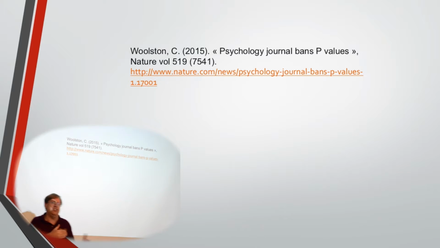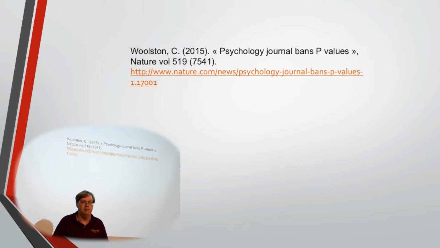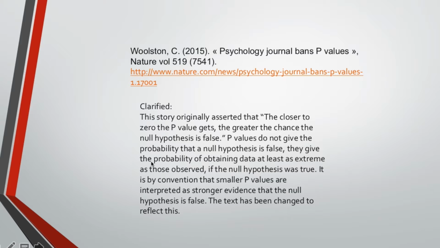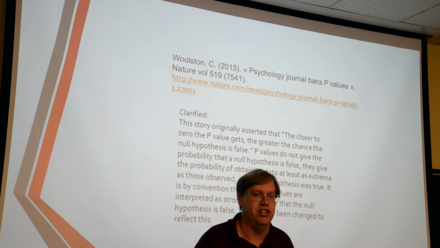And when I got to it, earlier last year, there was a correction on the bottom. And it said, clarified. This story originally asserted that the closer to zero the p-value gets, the greater the chance the null hypothesis is false. Okay? Which is exactly the misinterpretation.